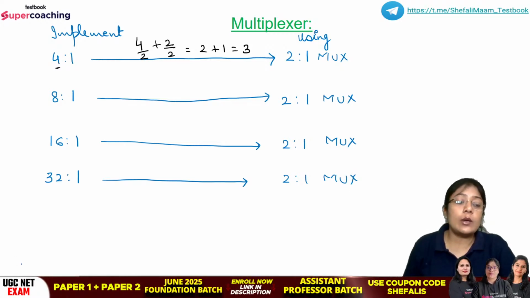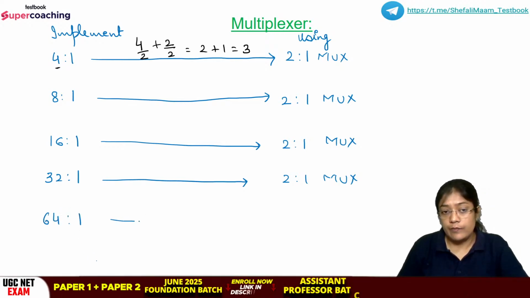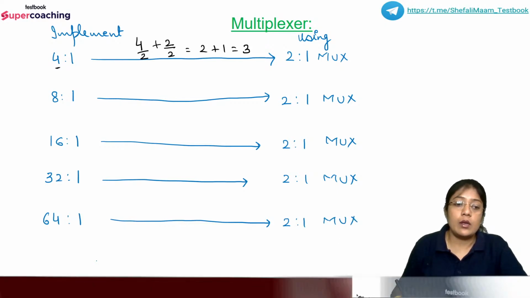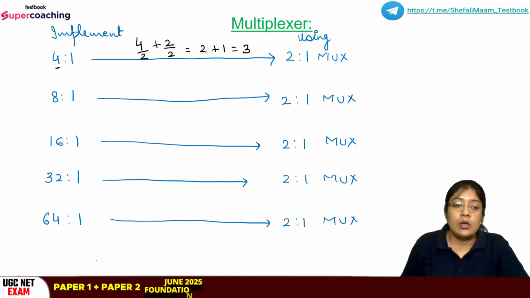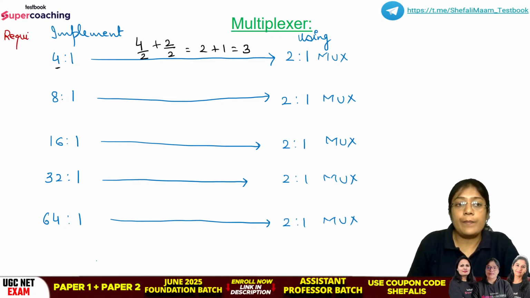How many mux are required? I guess this will be sufficient, or let's take one more. 2:1 mux. So in this case, how many multiplexers are required?